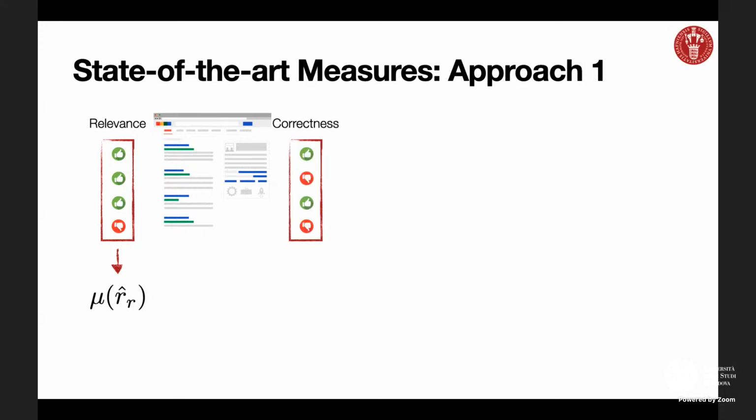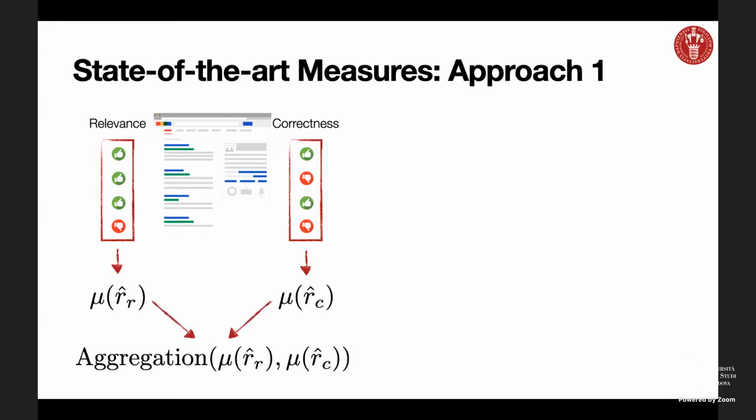And then let's say you have a second aspect, and you do the same. So this measure can be the same, but it can also be that you have two different measures, one for relevance and one for correctness. And then what happens is that you aggregate them. So you take the score coming from relevance, the score coming from correctness, and you take, for example, the average.